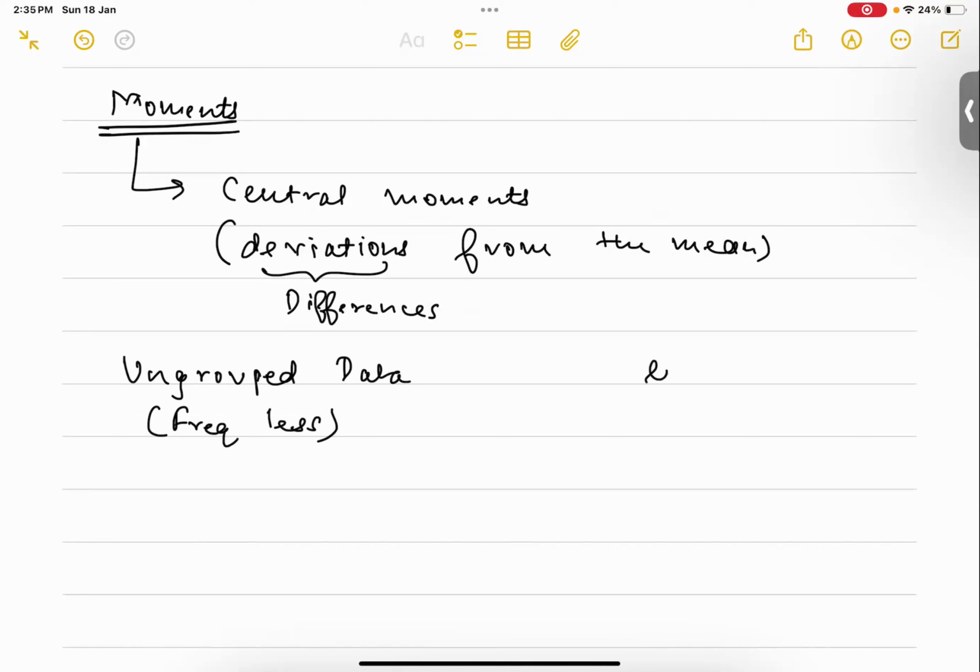And we are having grouped data. We are having grouped data and ungrouped data. Grouped data has frequency for every observation.